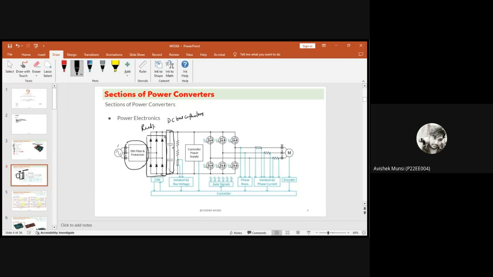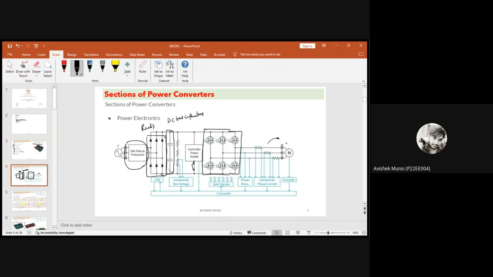After which we have the three-phase inverter, which will convert from DC to AC, right? That AC is used for the motor drive purpose. And here we have the power supply that we dedicatedly use for the controller and gate driver circuits. So this is the basic power electronics in it.